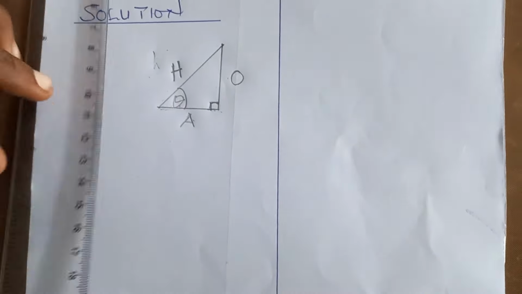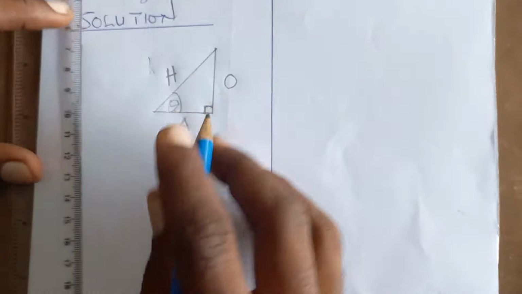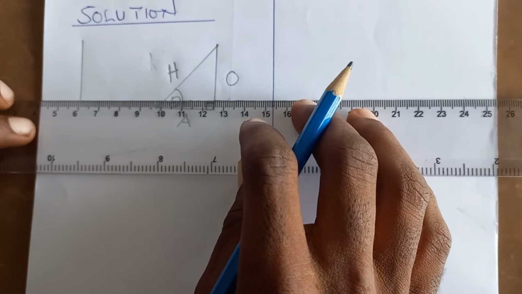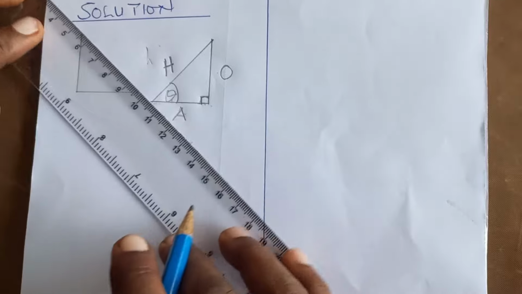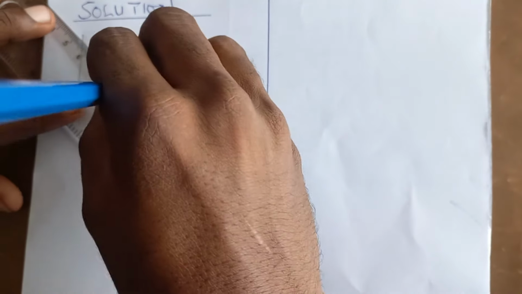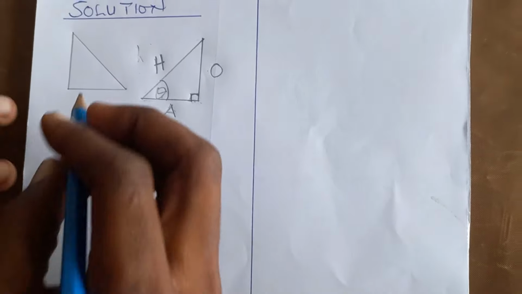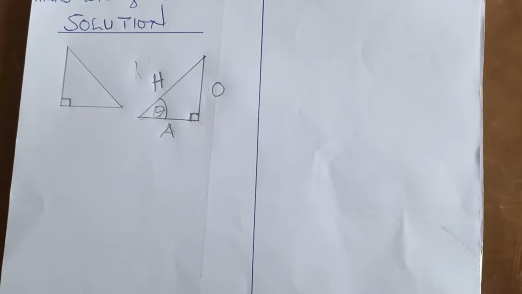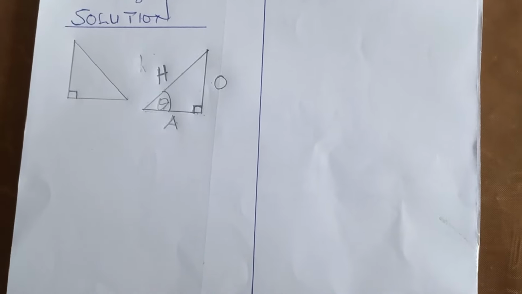Now let's try this and see. So this is a right angle triangle, indicated nicely like this. Like I said, we can only name one side for now.